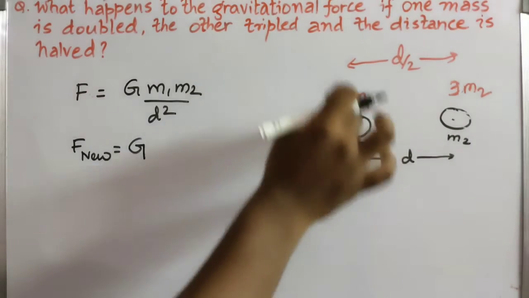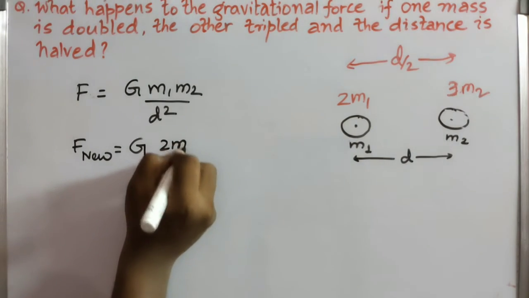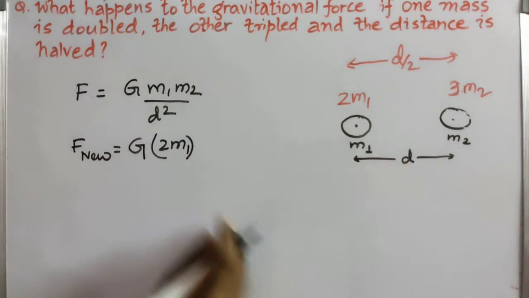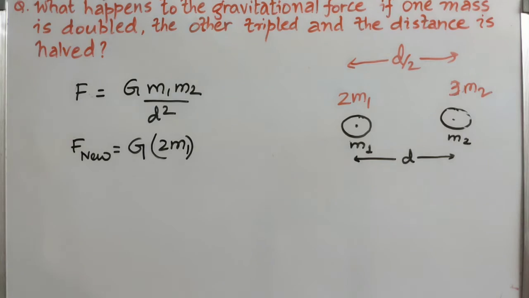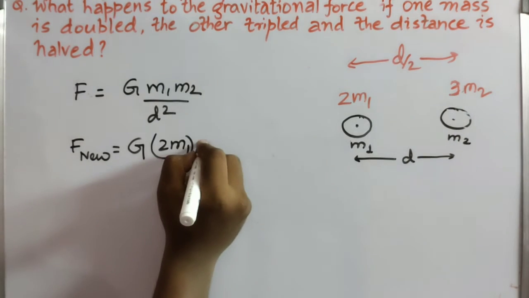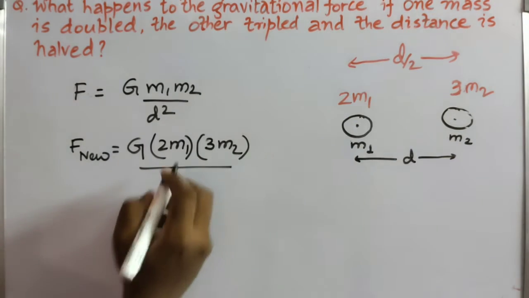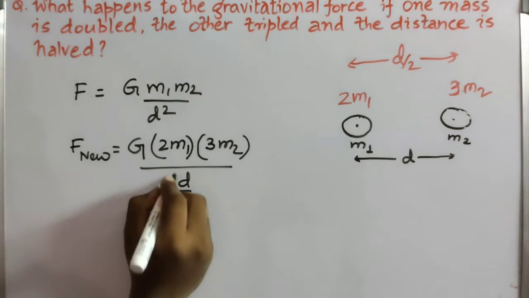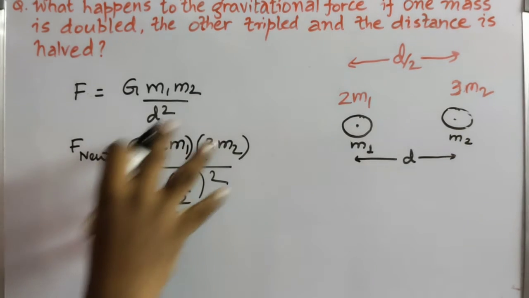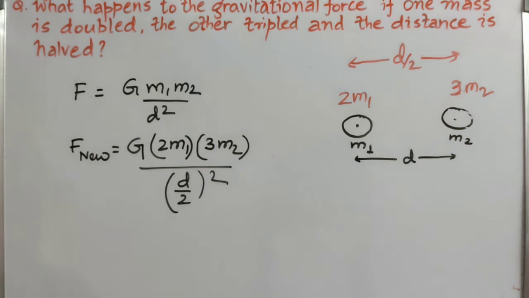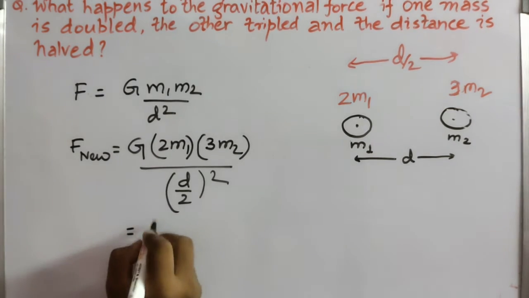Mass m1 has become twice, 2m1. The mass m2 has become three times m2. And what happened to the distance? Half. That means d by 2 whole square. So this we have written according to the law of gravitation.